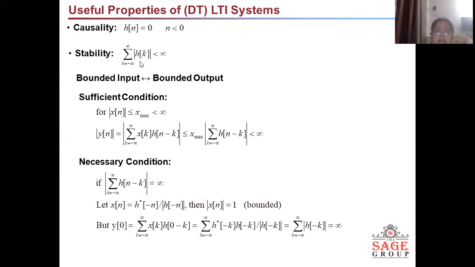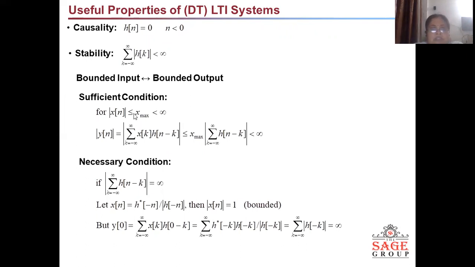Stability means that the summation from k minus infinity to plus infinity of h[k], its value should be finite, which means that its value should be greater than 0 and less than infinity. So it represents the bounded input and bounded output condition. These are the sufficient condition for the discrete time LTI system, and this is the necessary condition for the LTI system.